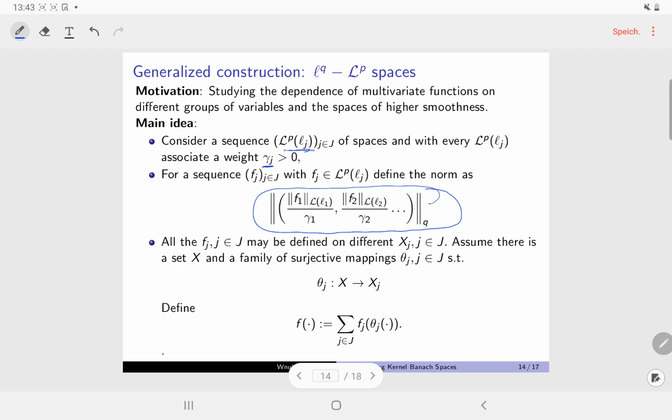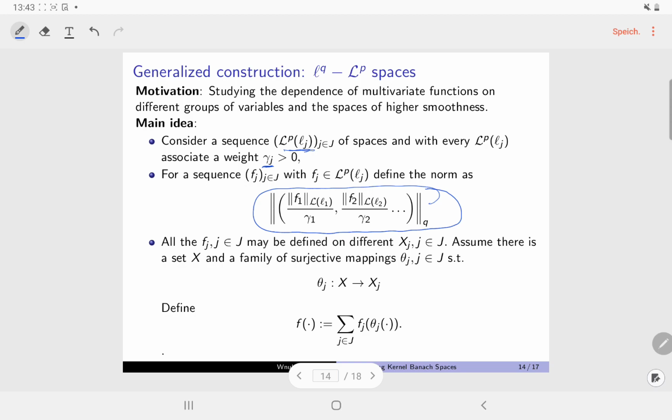The problem is now that it's quite possible that every LP of Lj is defined on some different set, so it consists of functions defined on some different set xj.